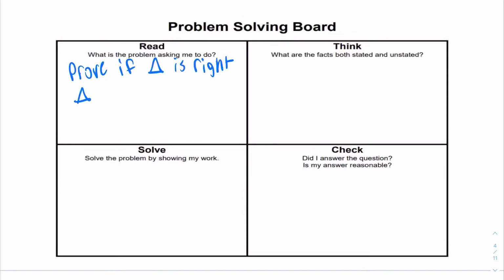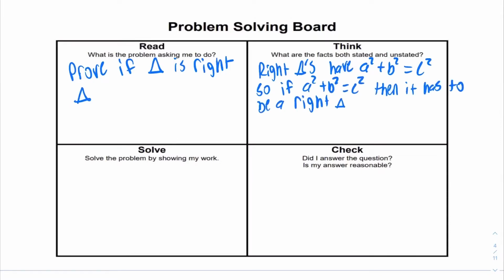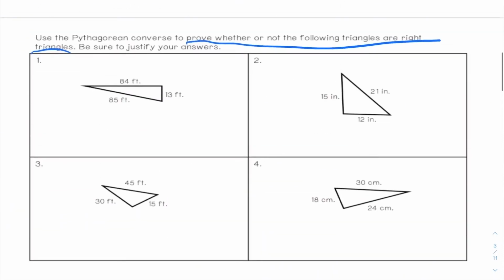The facts that we know are, we know that right triangles have that formula. So if the formula is true, if a squared plus b squared equals c squared, then it has to be a right triangle. And we're going to write down the facts, which are 85, that's the longest side, so that's the hypotenuse.